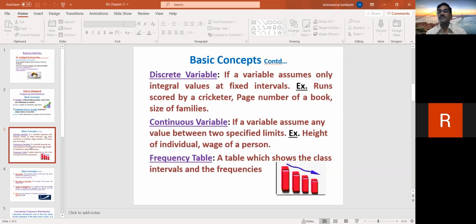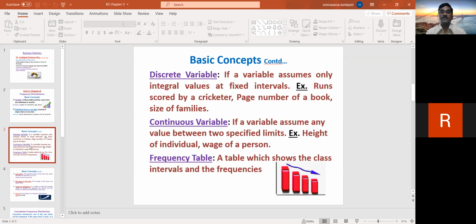Next, you have the continuous variable. What do you mean by a continuous variable? A variable that assumes any value between two specified limits. I told you in the previous class, in the continuous series we will have classes. A class consists of a lower limit and an upper limit.